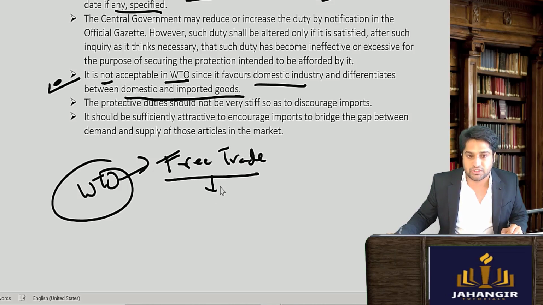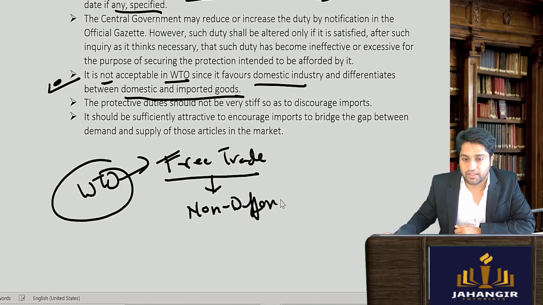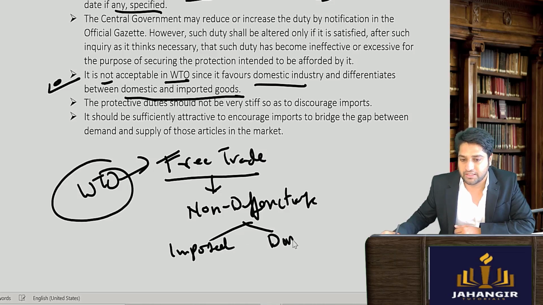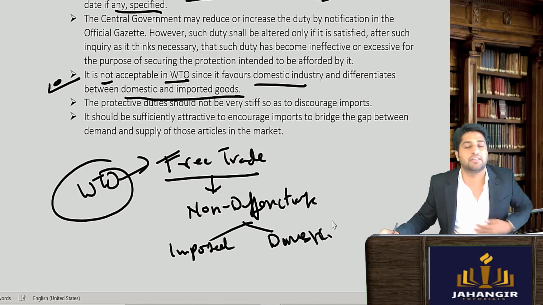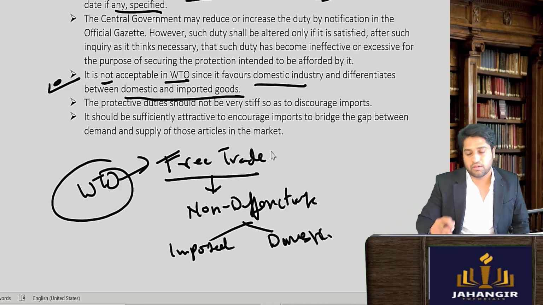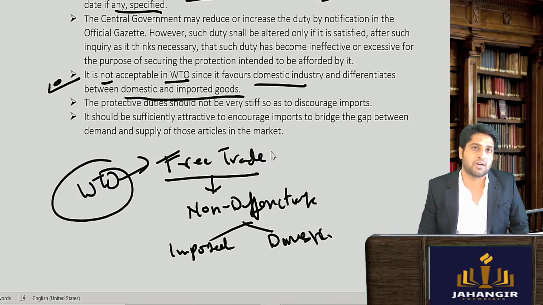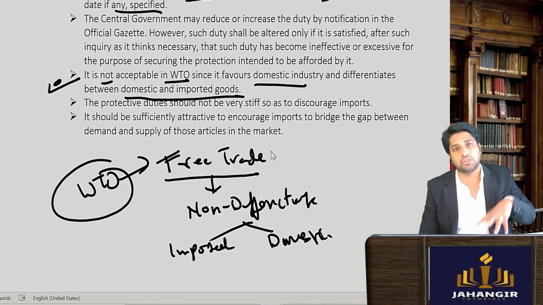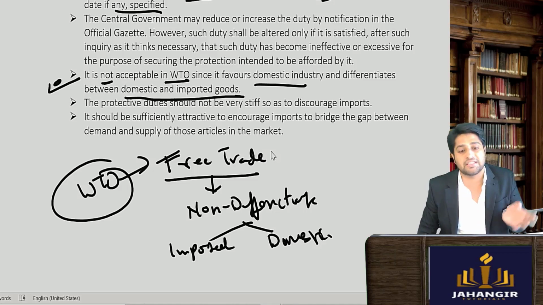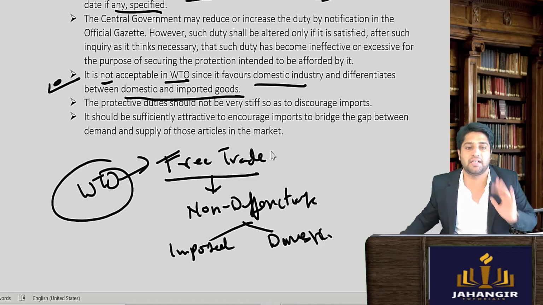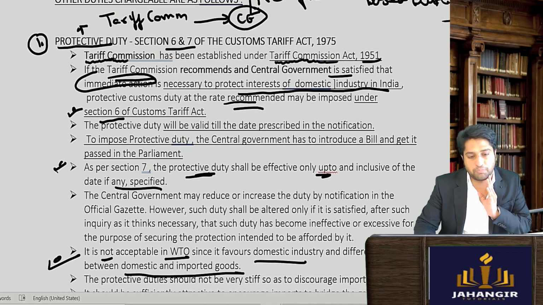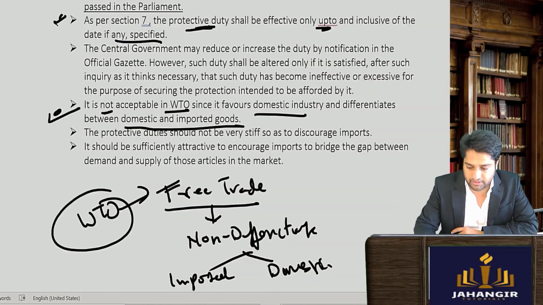They encourage non-differentiation. We should not differentiate between imported goods and domestic goods and should not intervene in this way. But however, the government of India and the world countries always keep a provision in case they need, they will disregard free trade and promote their own people. Okay, that is your protective duty.